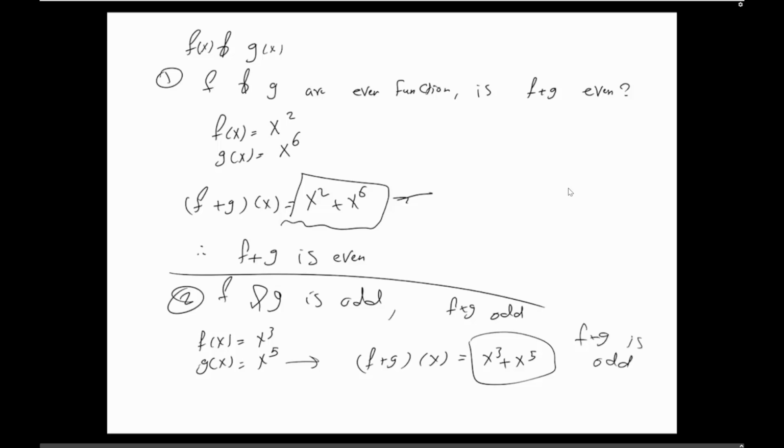And let's go for the third condition, which is our last condition. It says if f is even and g is odd, then is f plus g even, or is it odd?